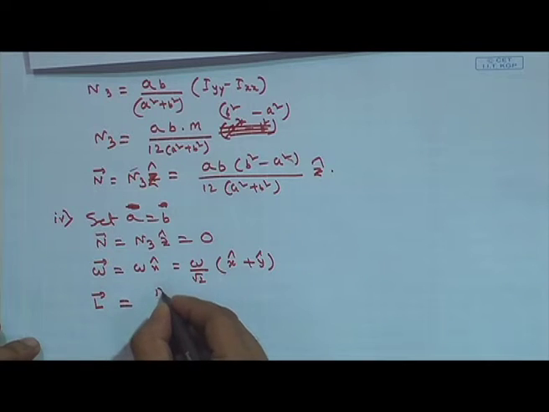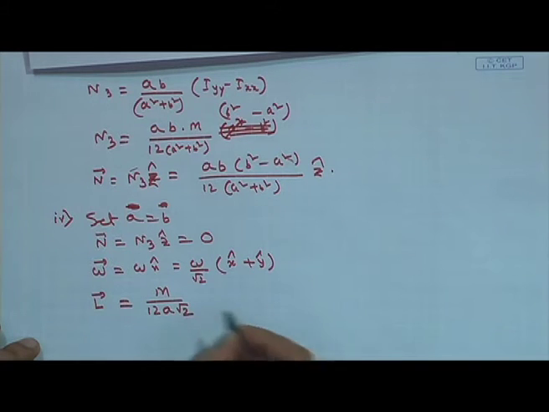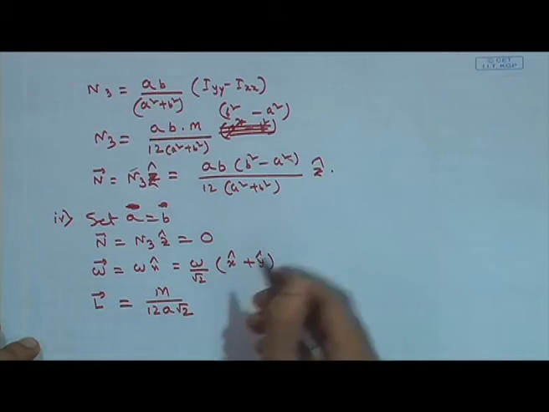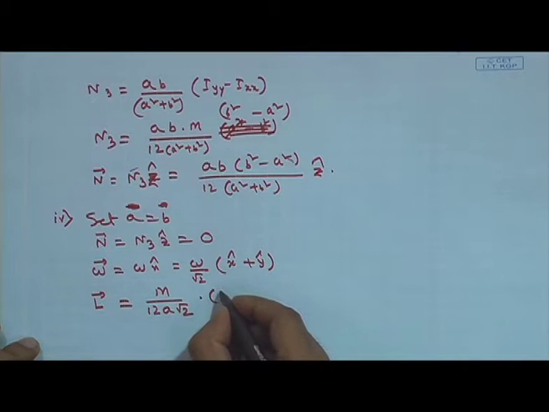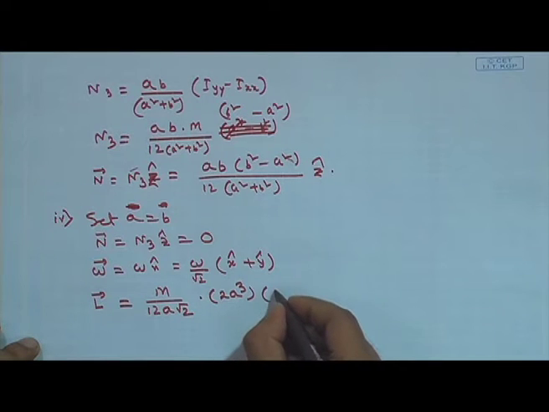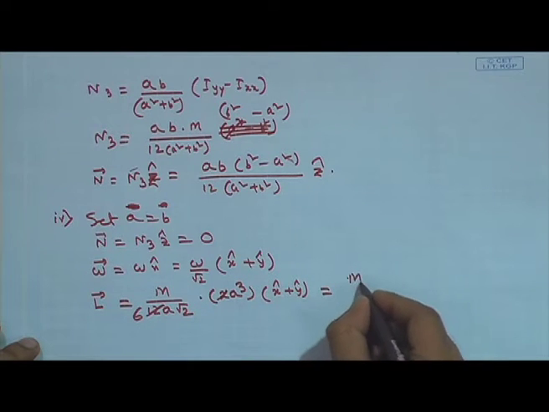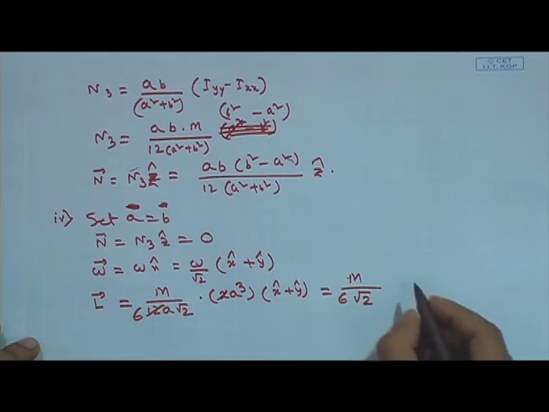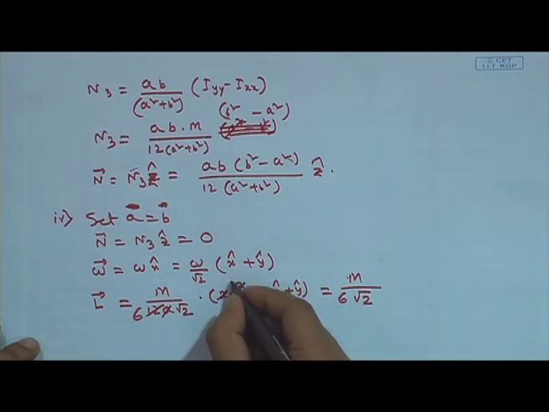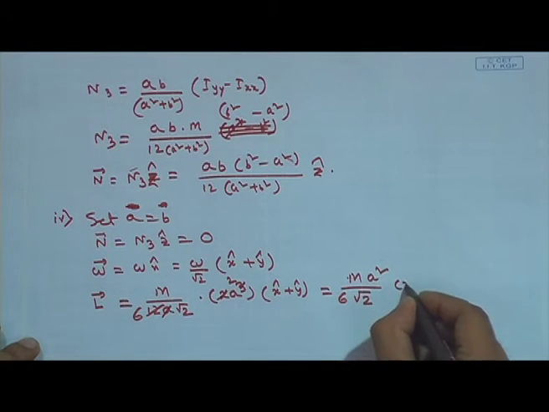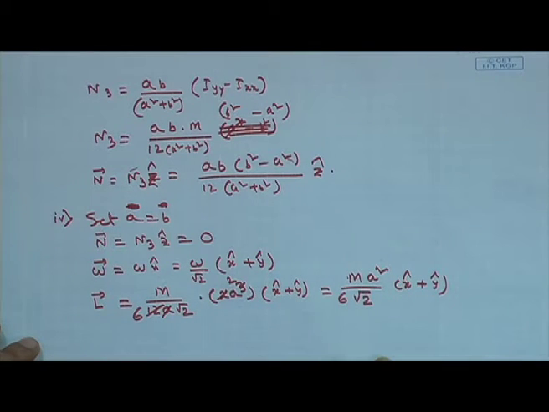So finally we have m by 12, a root 2, and here we will have 2a cubed, and the direction will be simply x cap plus y cap, which after cancellation will be 6 m by 6 root 2, and this will be a square, x cap plus y cap.